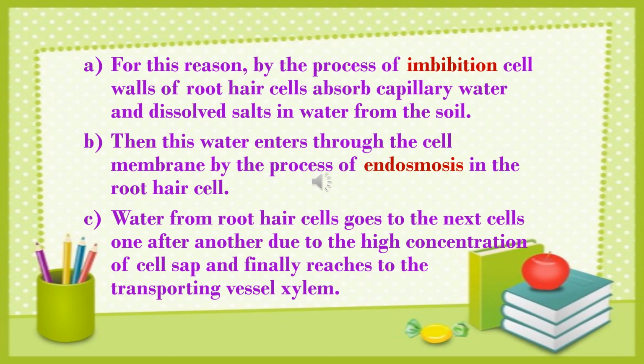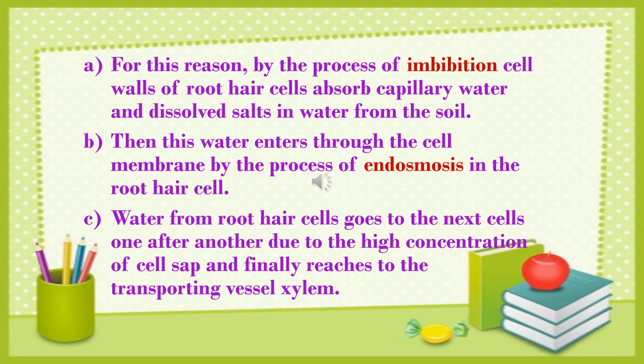In that case, the water passes the cell membrane by the process of endosmosis. What is endosmosis? Endosmosis means one-way movement of water. We know the definition of osmosis, that water molecules pass from the lower concentration to the higher concentration, and we already have learned the concentration of the cell sap is higher. So water from the soil can easily pass through the cell membrane by the process of endosmosis.